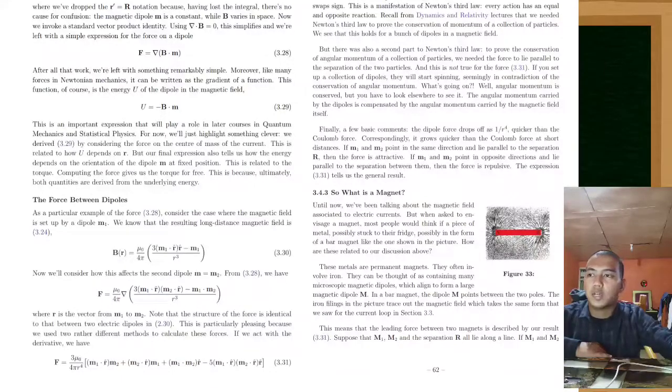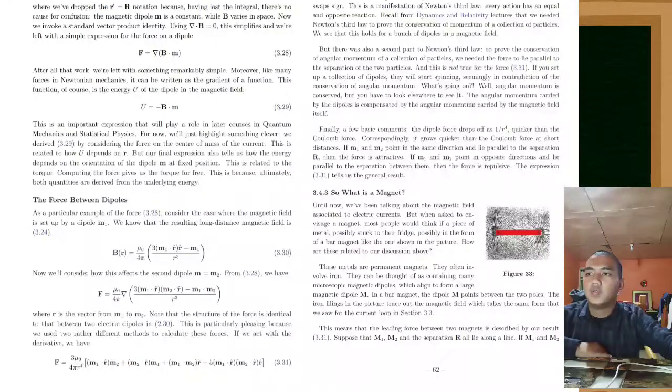If we act with the derivative, we have F = 3μ0/4πr⁴ [(m1 · r̂)m2 + (m2 · r̂)m1 + (m1 · m2)r̂ − 5(m1 · r̂)(m2 · r̂)r̂].